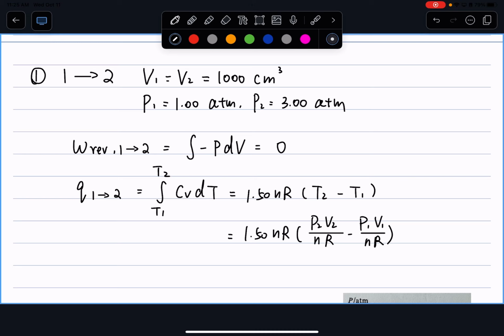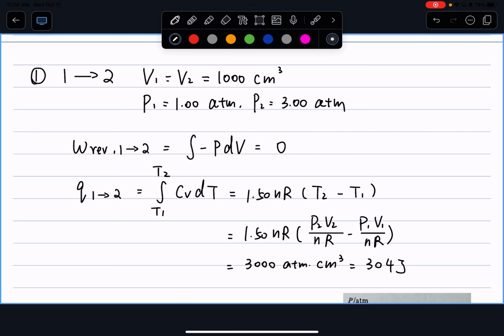You can plug in the numbers yourself and convert the units, and eventually you'll get a result of 3,000 atm cm^3. Or if you want to write it in SI units, that's 304 joules. Both of them are correct, they're just different units. In my problem sets, I'll tend to specify to put it in SI units, which means convert your units into joules.